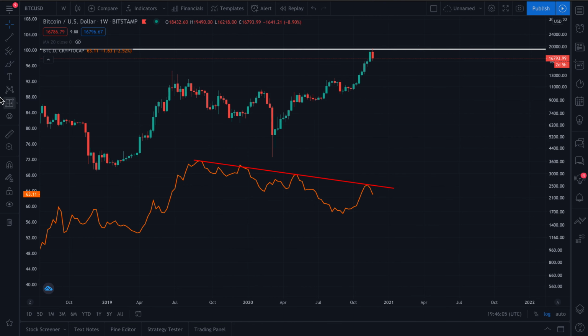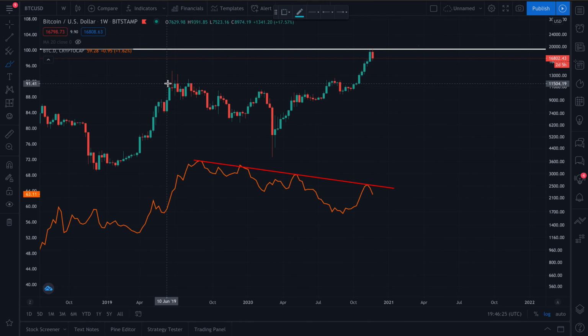Meaning, altcoins fare a little better in terms of catching up or keeping up with Bitcoin when Bitcoin is crashing compared to when Bitcoin's really rallying.